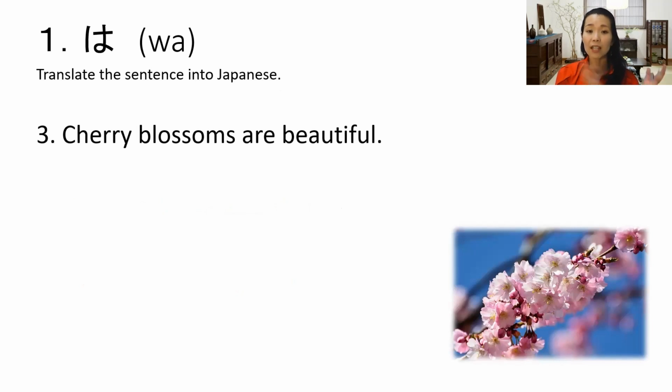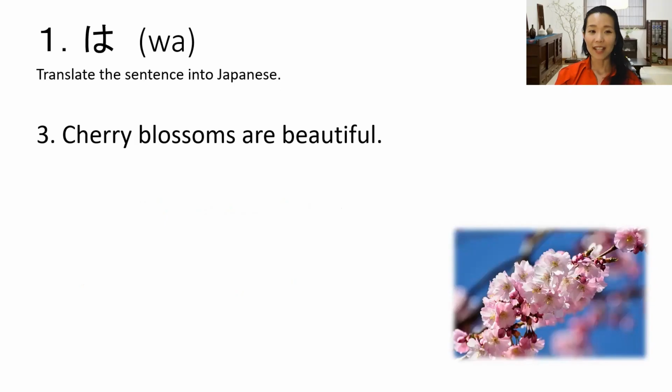What can be used to indicate the topic? The topic doesn't always have to be a person. It can be the cherry blossom or this car and so on. So let's try this one. Cherry blossoms are beautiful. How would you say that?